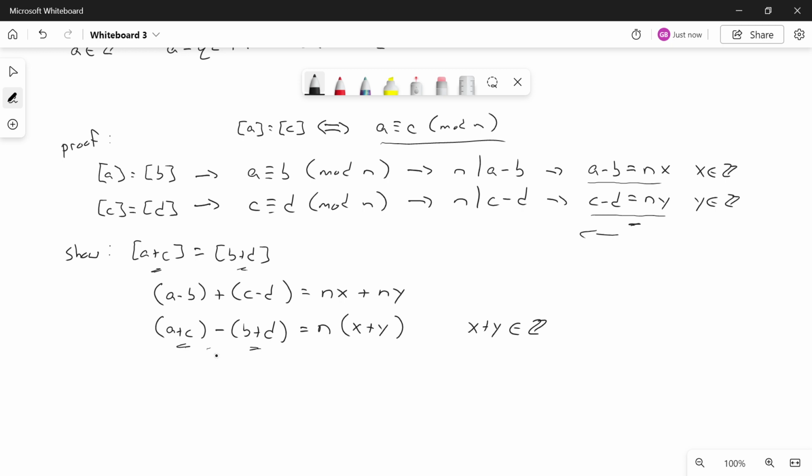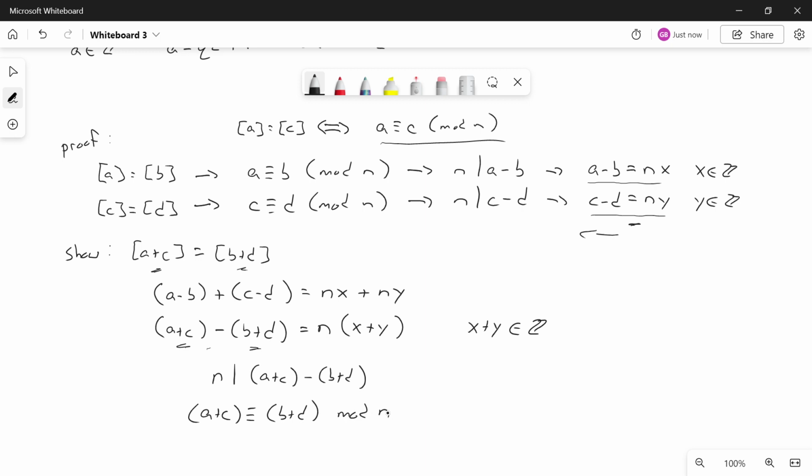So this tells me the difference between A plus C and B plus D is equal to n times some integer, which means n divides what's on my left-hand side. So n divides A plus C minus B plus D. And in terms of our congruence relationship, that means that A plus C is congruent to B plus D mod n.